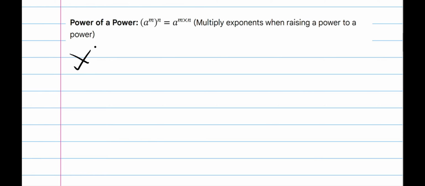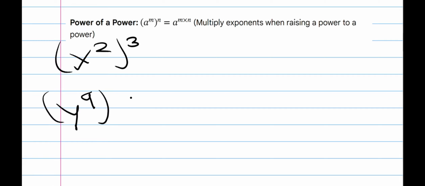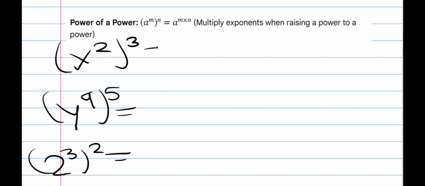Now we're given x squared and an outer exponent of 3. And I would write another example, y to the power of 4 and another exponent of 5, and 2 cubed and an outer exponent of 2. What would be the outcome? So here you just multiply.